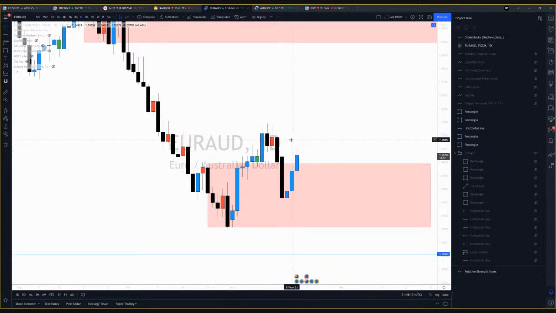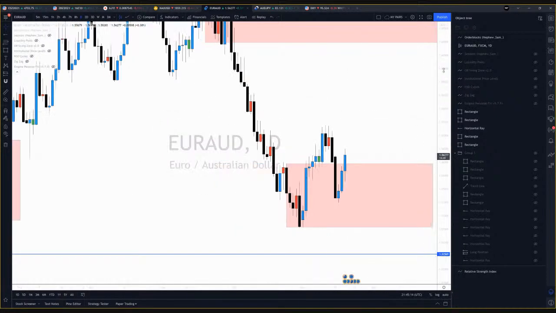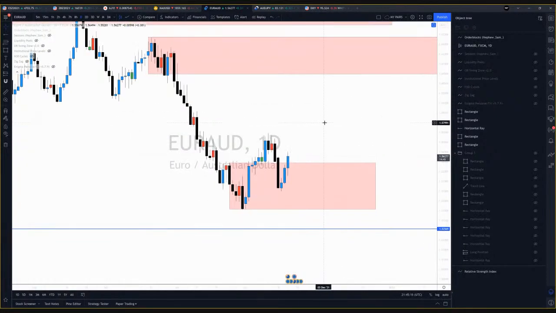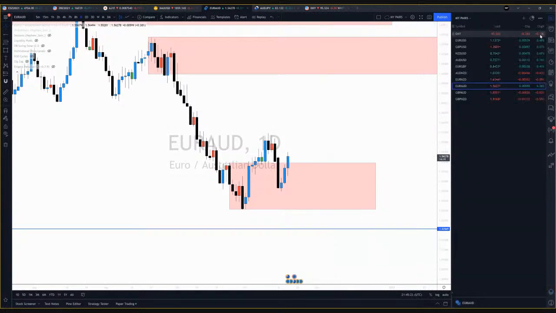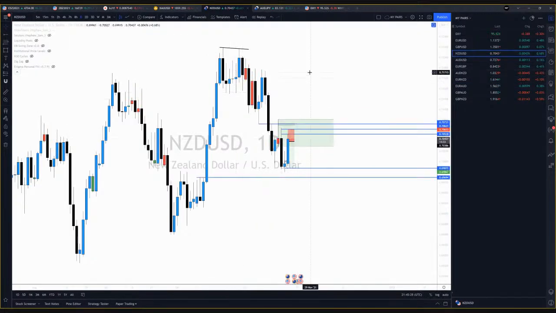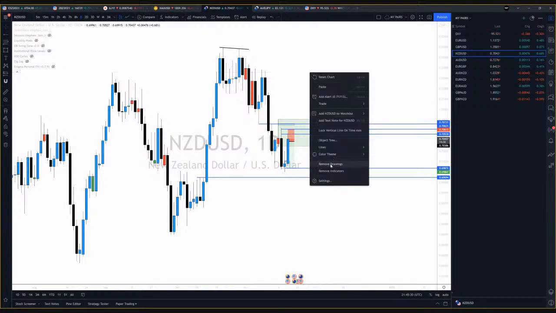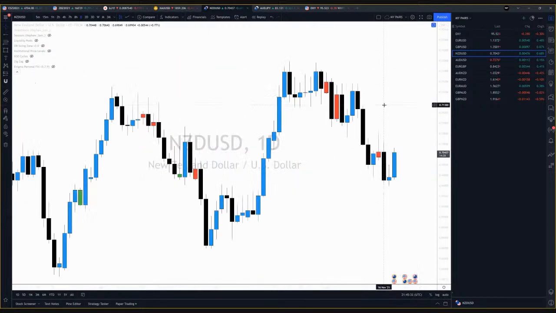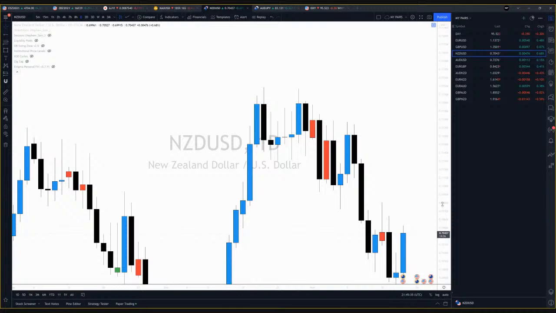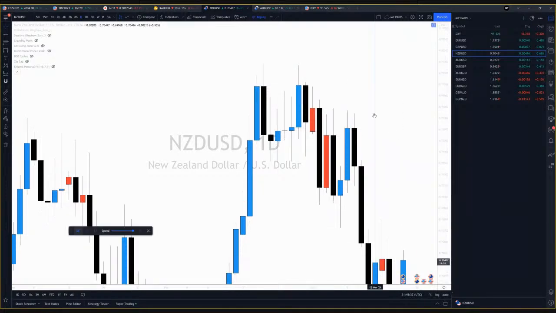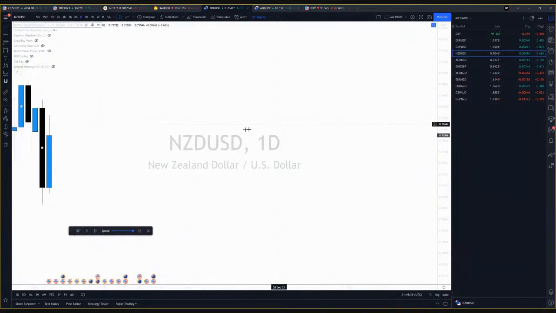So by just understanding swing highs and swing lows on the high time frame, it gives you context as to the storyline on the high time frame, what price is supposed to do. Let me cut this one off so you can see it.